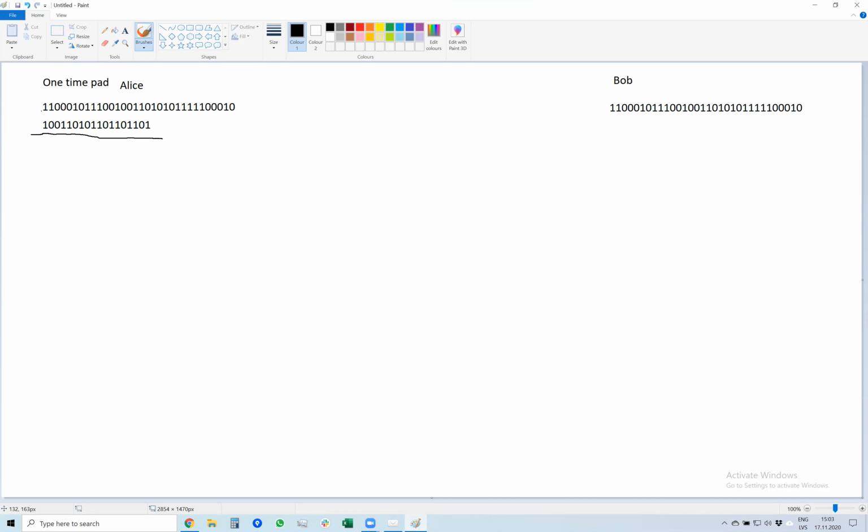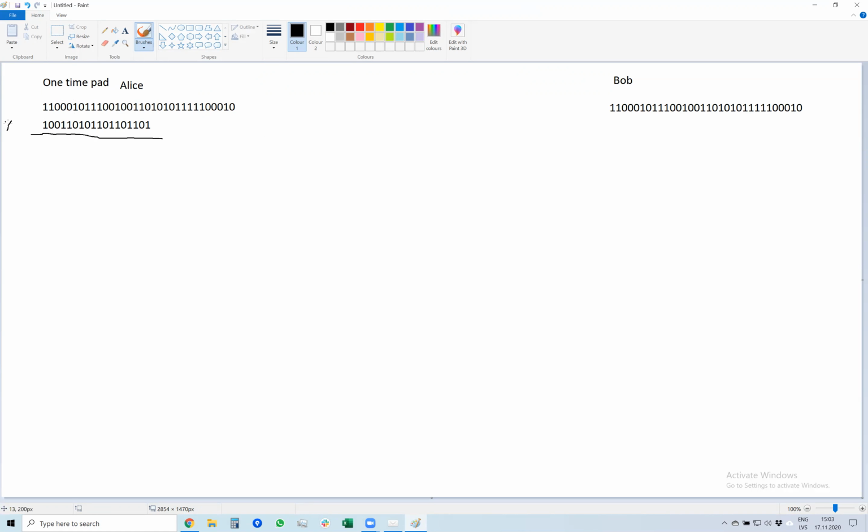She does XOR and deletes the front of the one-time pad so it's not used ever again. And also it needs to be destroyed so that hackers, if they obtain this part, cannot also decipher older messages which they can record.